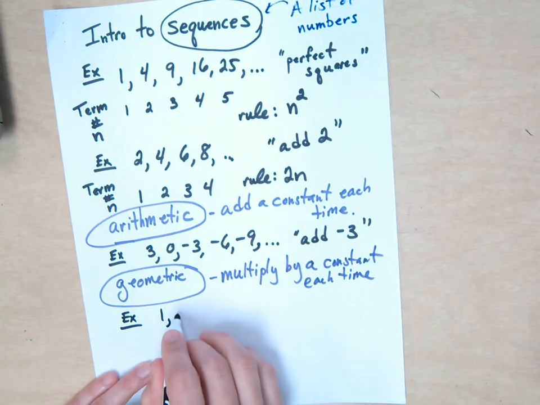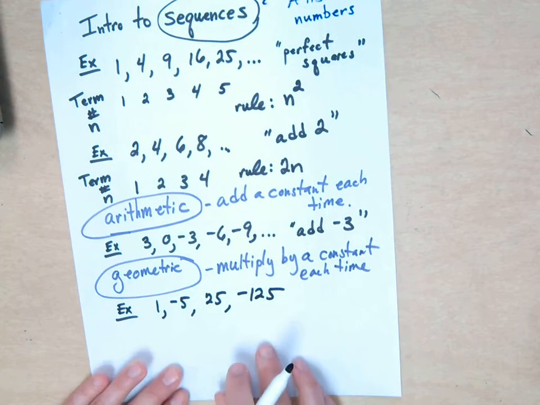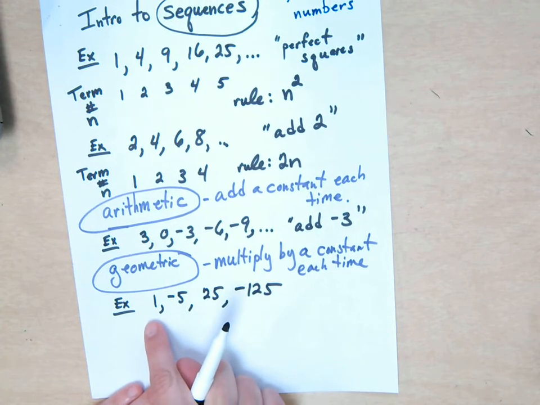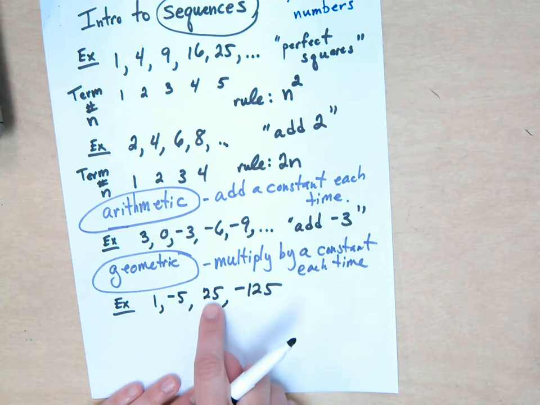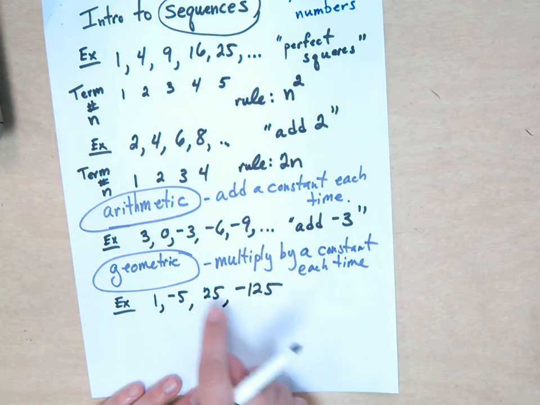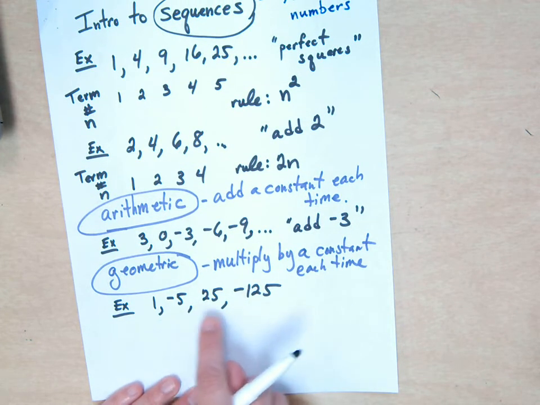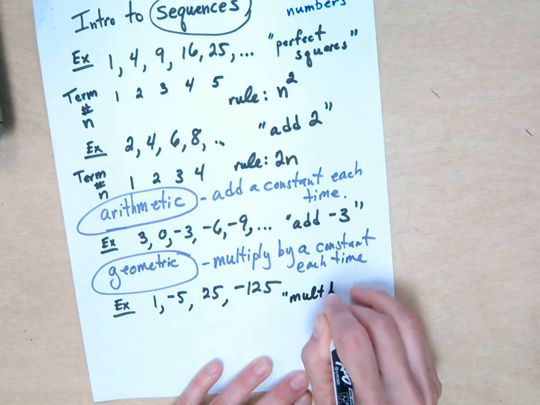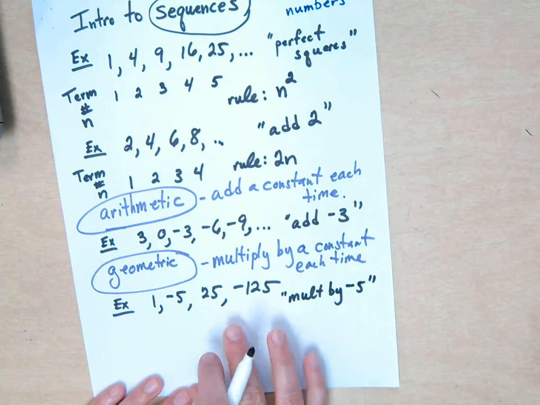Let's say you have 1, -5, 25, -125. You're clearly not adding a constant each time, because from 1 to -5 you would have to add -6, then to go from -5 to 25 you would have to add 30. Hopefully you can see that you're multiplying by 5, except it actually has to be -5 because the signs are changing each time. So the rule is you multiply by -5 each time, and that makes it geometric.